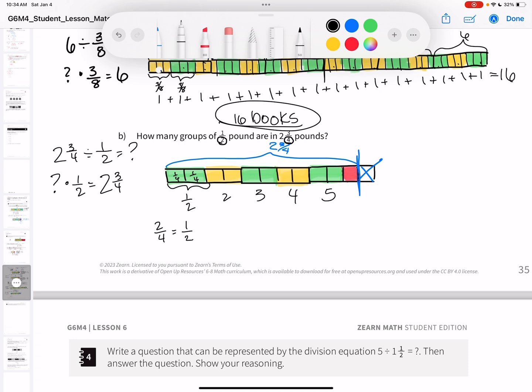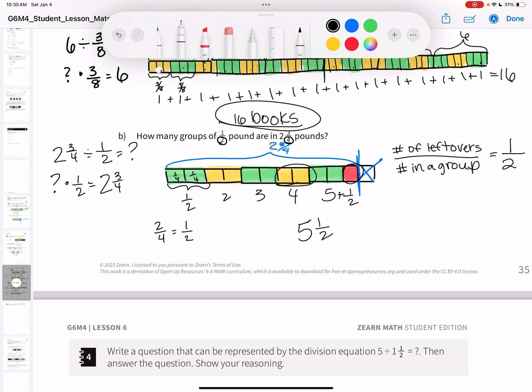Okay, so if we're talking about this, we have the number of leftovers over the number in a group. So how many are in a group? Well, there are 2 in a group. And how many do we have left over? We have 1 left over. So this would be a half, right? So we have 5 groups total plus a half of a group.